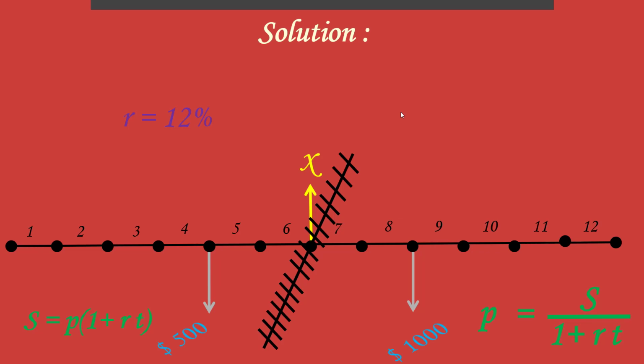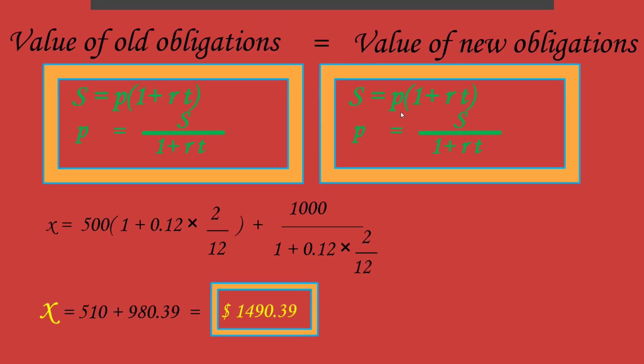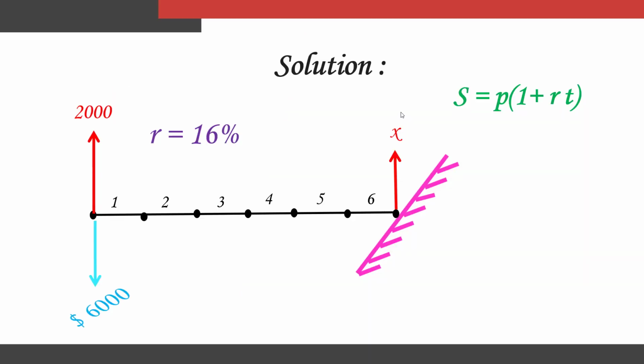Revision for these problems. As the first problem, the focal date lies in between. So the amount of all the obligations plus the present value of the others equals X, because X lies at the same time as the focal date. The second problem: the focal date lies after the maturity dates of the old and the new obligations.